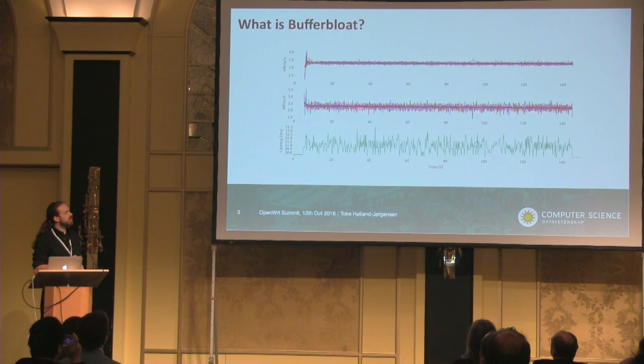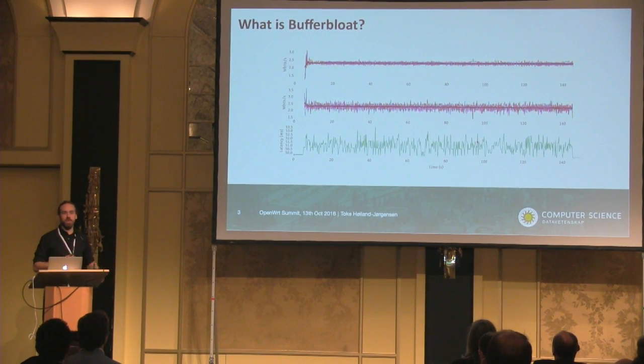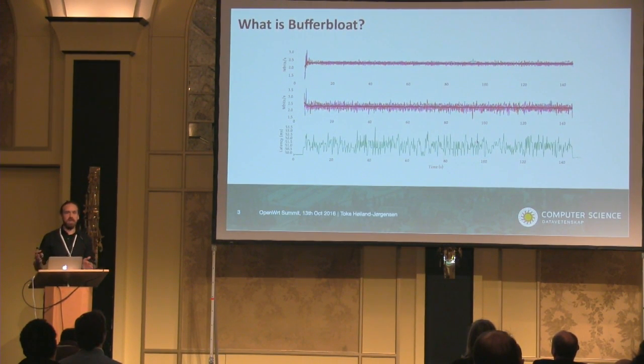And these are also the TCP flows. They're a lot more stable. So this is what you do on a wired link. We have this combined packet scheduling and active queue management algorithm that you install on the link, and it will make sure that you don't see this extra latency.